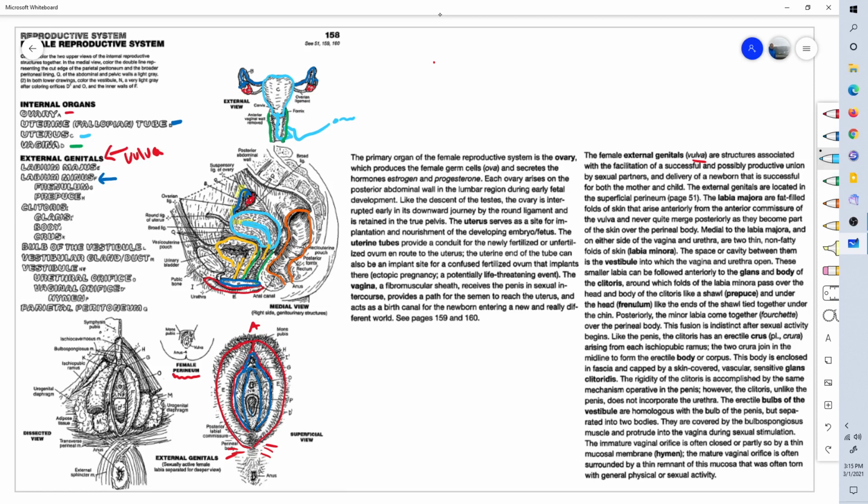The clitoris is a sensitive area and highly vascularized. The clitoris is right here, but it is covered by a sort of layer of the labia minora, labia minor here.